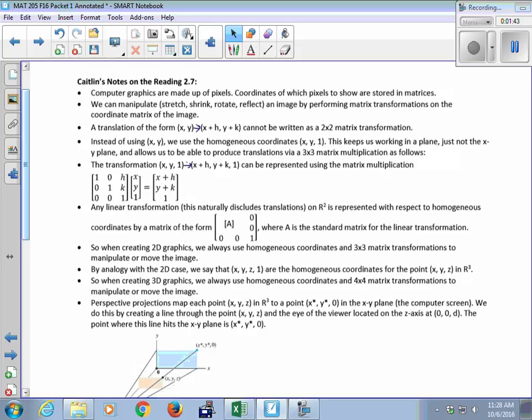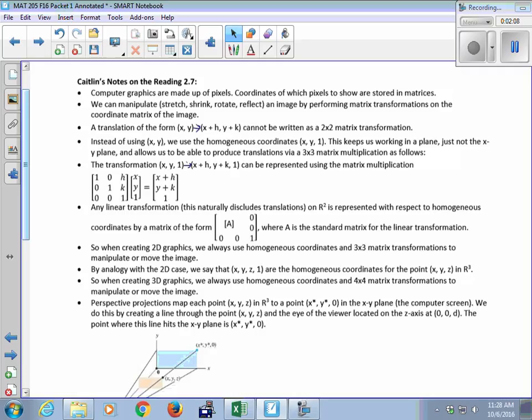So if you just multiply these, you end up with x plus h in your first entry, right? 1 times x plus 0 times y plus h times 1. So you get x plus h, so that's your translation by x. And then your second entry, you have 0 times x plus 1 times y plus k times 1, which gives you y plus k, shifting you up and down.